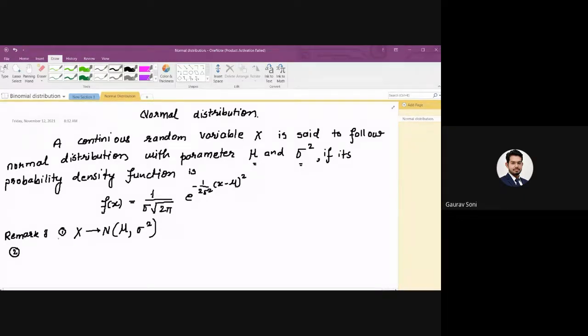There is a very important thing about the normal distribution: in the normal distribution, mean becomes equal to median becomes equal to mode. All three of them are equal. This is a bell-shaped curve.